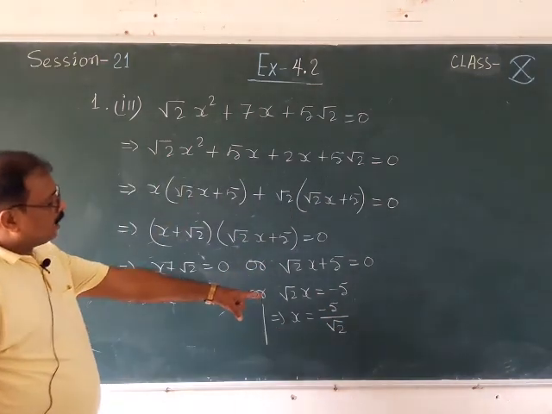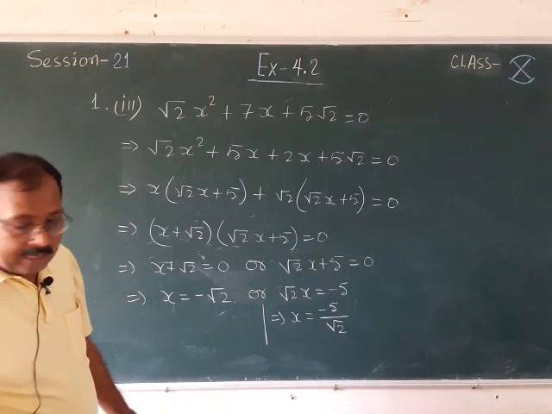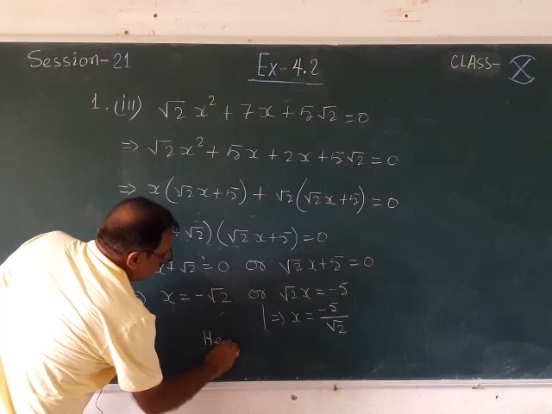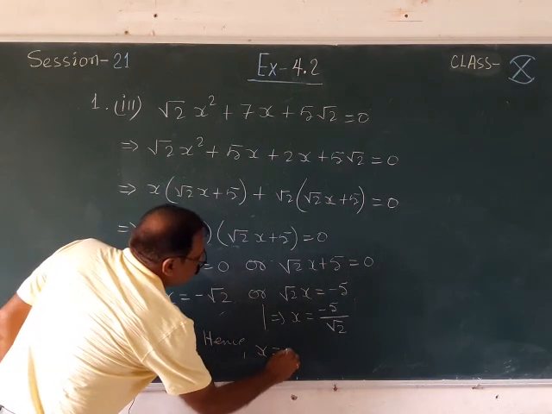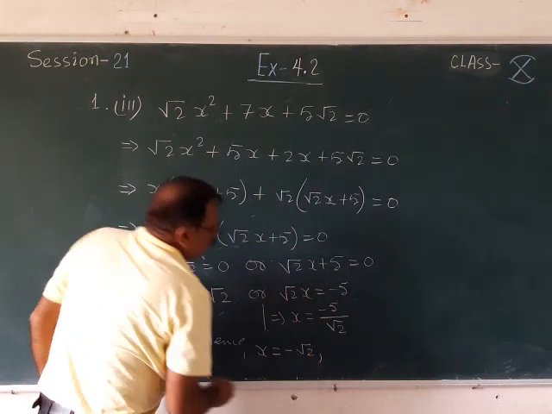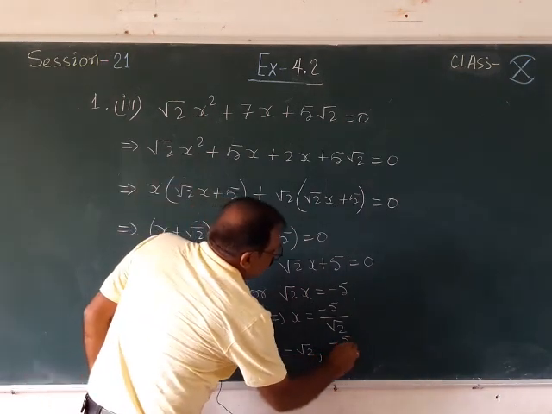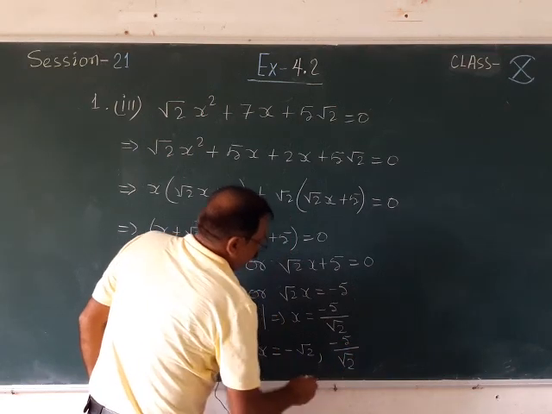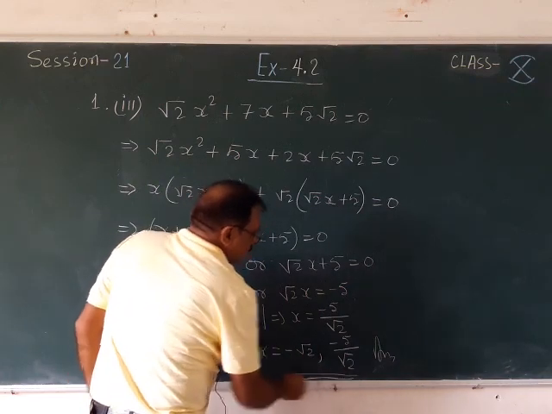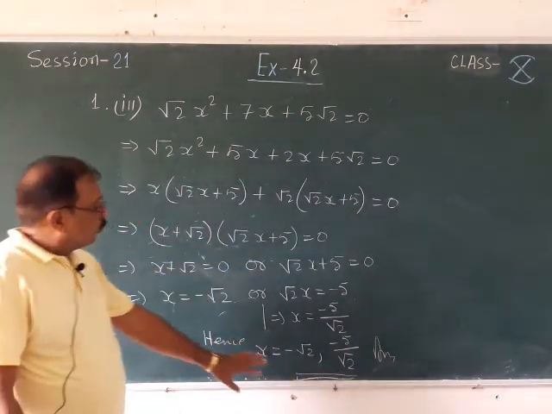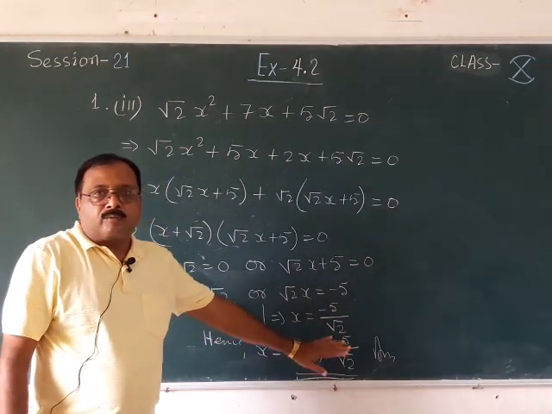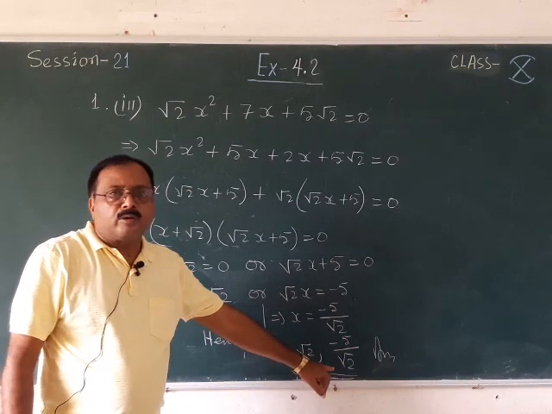So you will write at last, hence x equal to minus root 2, comma, and another value is minus 5 upon root 2, and here you can write answer. Okay, so this is the answer of this question. Two roots you are having. First one is minus root 2 and second one is minus 5 upon root 2.